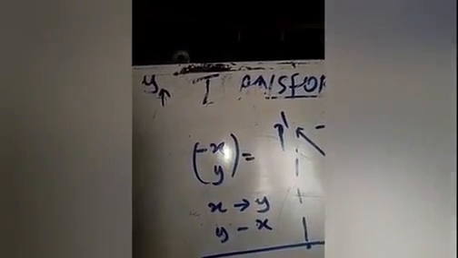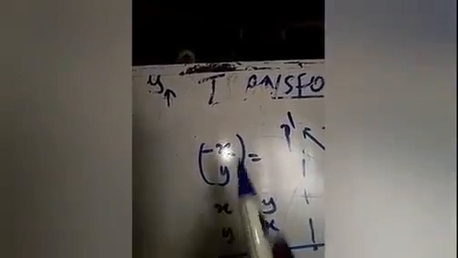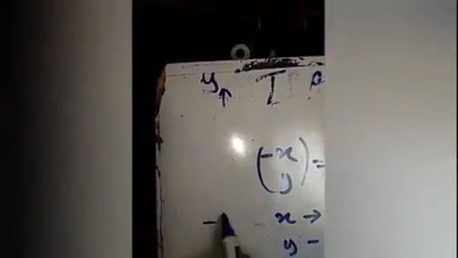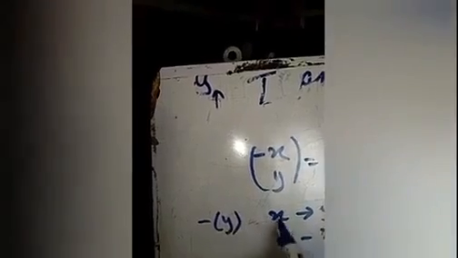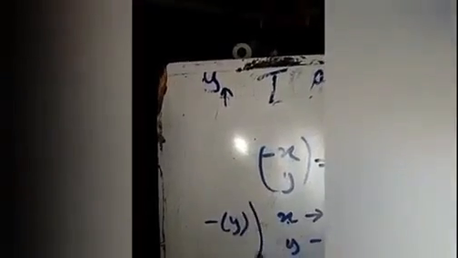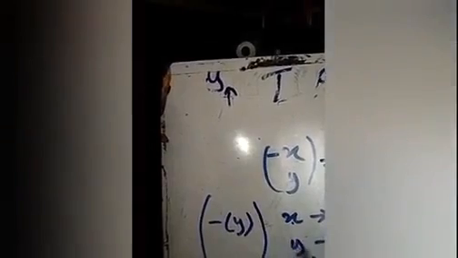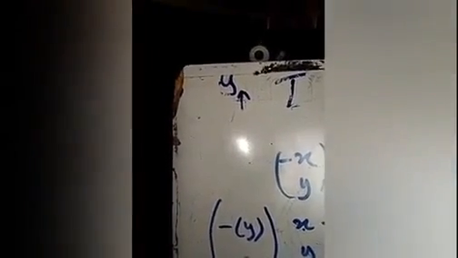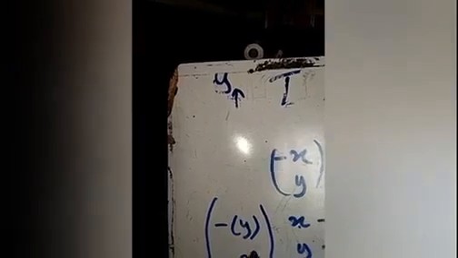Yes. So what is happening now? Our x is being represented by the value of y, so I will now have minus of y, because y is replacing x, and my y is replacing my x, so I'll have x here.